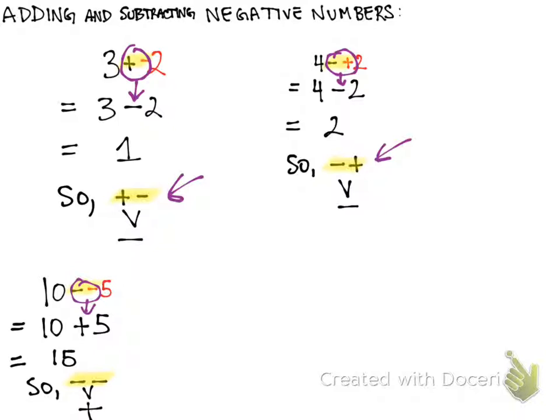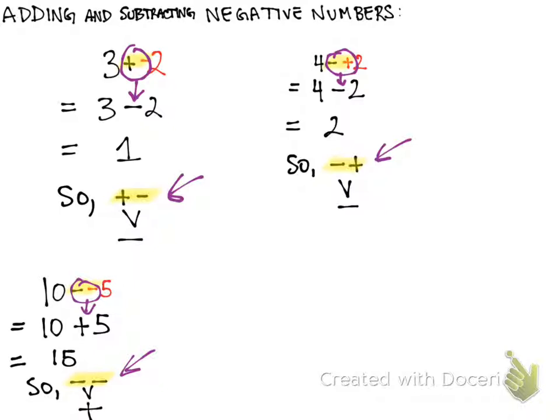This is true because double negatives are positives. It's as if I said, I'm not happy, which would really mean I am happy. Two negatives makes a positive. 10 plus 5 gives me 15, so I notice over here that whenever there's two negatives, one right after the other, it becomes positive.